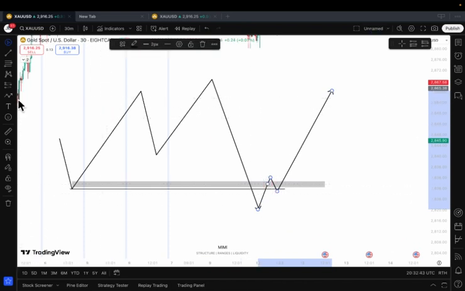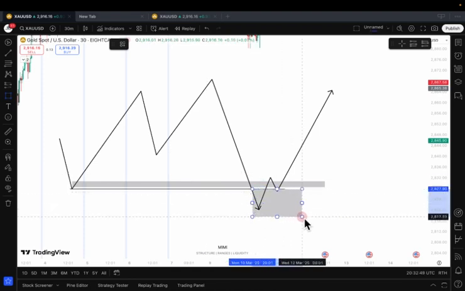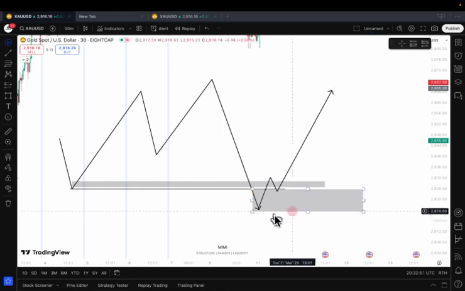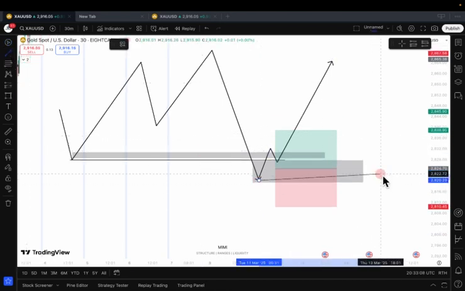And I taught you guys point of interest. So talking about point of interest, from where your entry is down to this last low is your point of interest. So you have to find any way you can to make sure that even if you put your SL here, if you put your entry anywhere inside here, the only thing that can invalidate this reclaim block is when this low gets taken out.